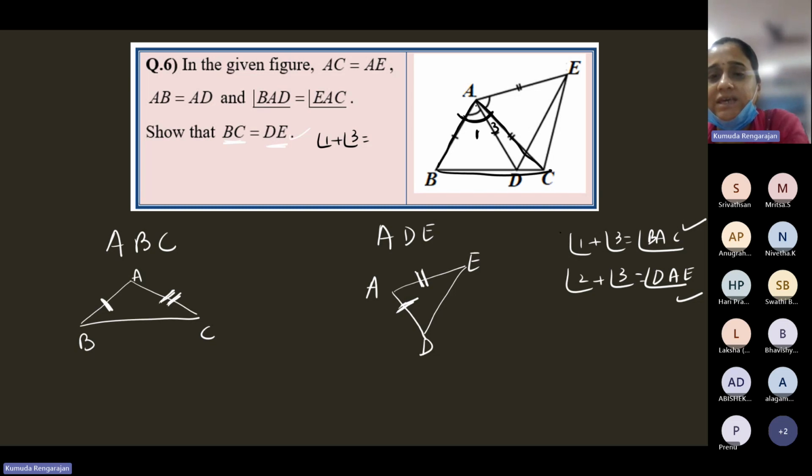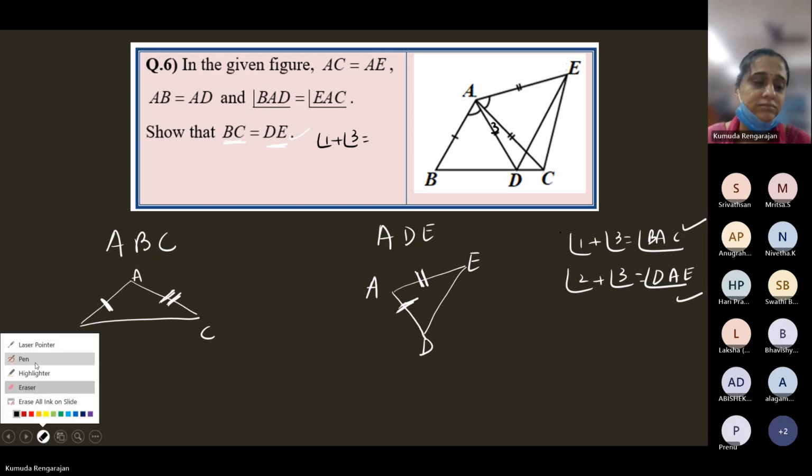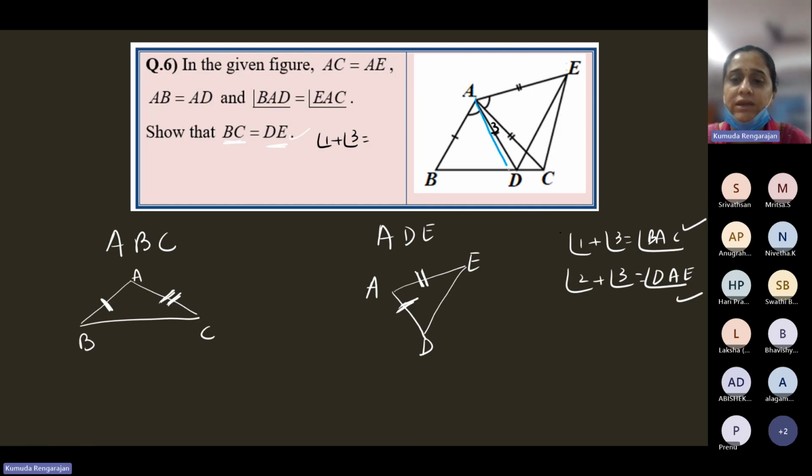And in the other triangle ADE, this angle here is 3 and 2 together, 2 and 3 together.